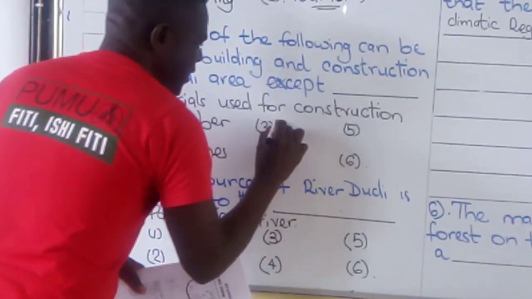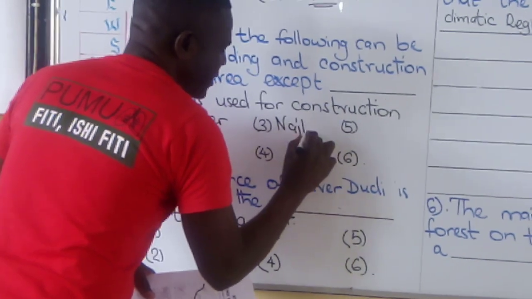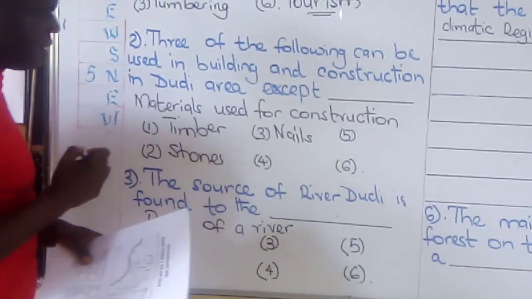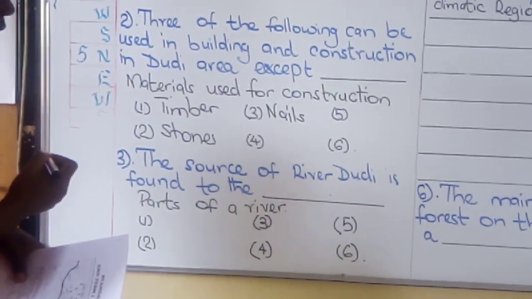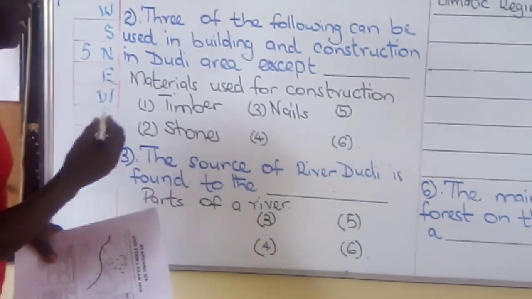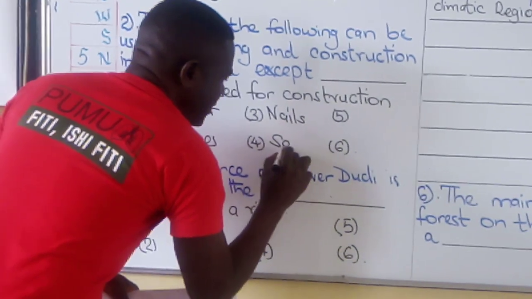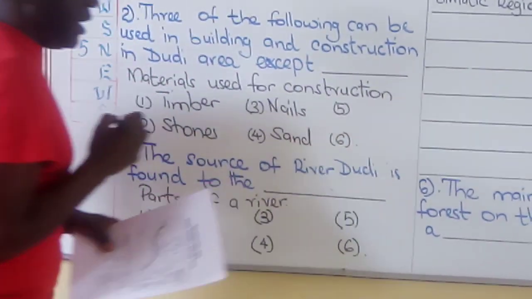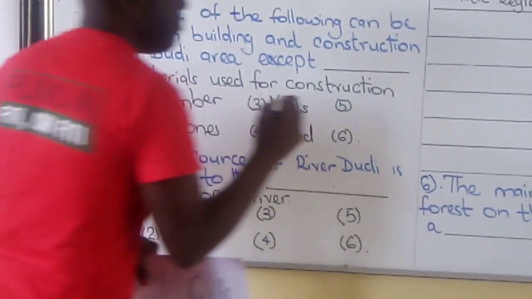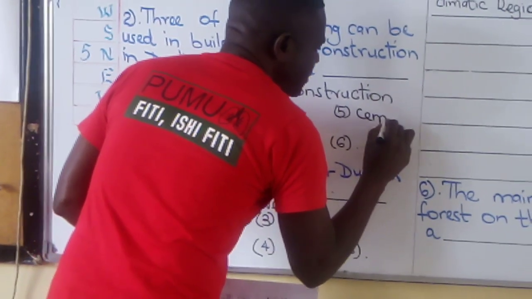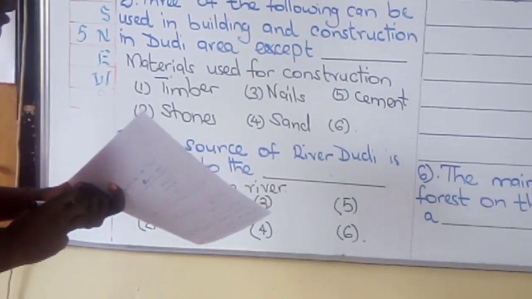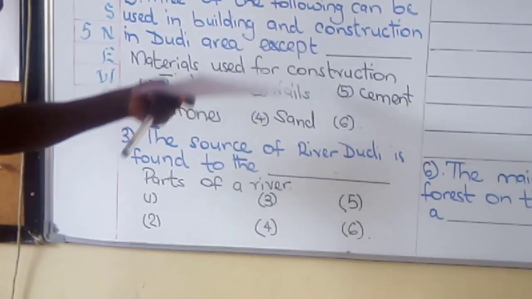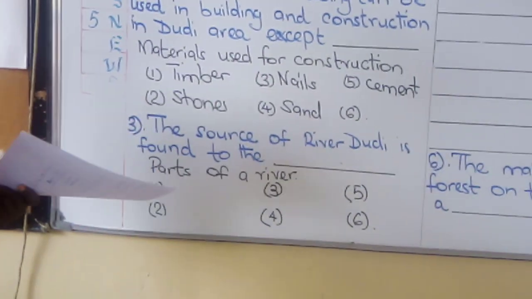We can have nails from factories. We can have sand. We can have cement for building, and then many other construction materials.